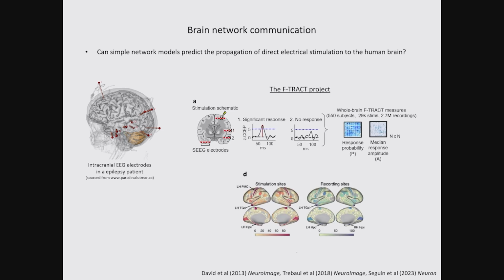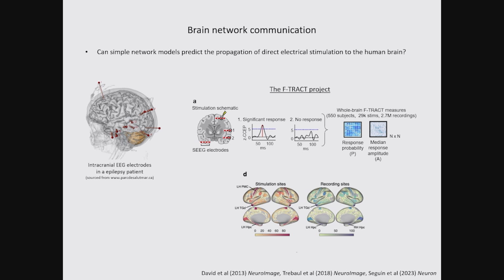To circumvent that, the F-TRACT project compiled a lot of intracranial EEG data, from more than 500 subjects and almost 30,000 stimulations, into two matrices of response probability and response amplitude. They tell you, across all of my sample, if I stimulate region A, what is the probability that I observe a response in region B?